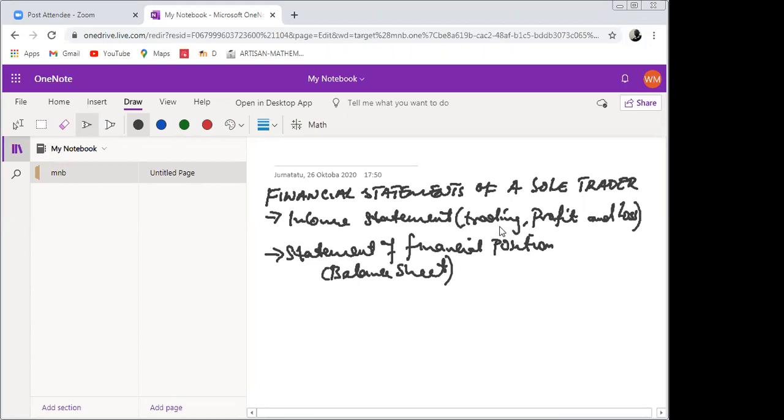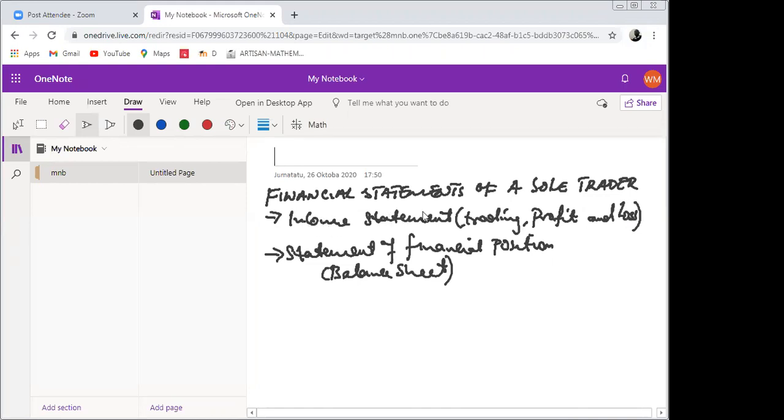As you can see here, we have the trading and we also have the profit and loss account. So this statement has two parts that are prepared at the same time, the trading part and the profit and loss part. But generally, the whole statement is known as the income statement.